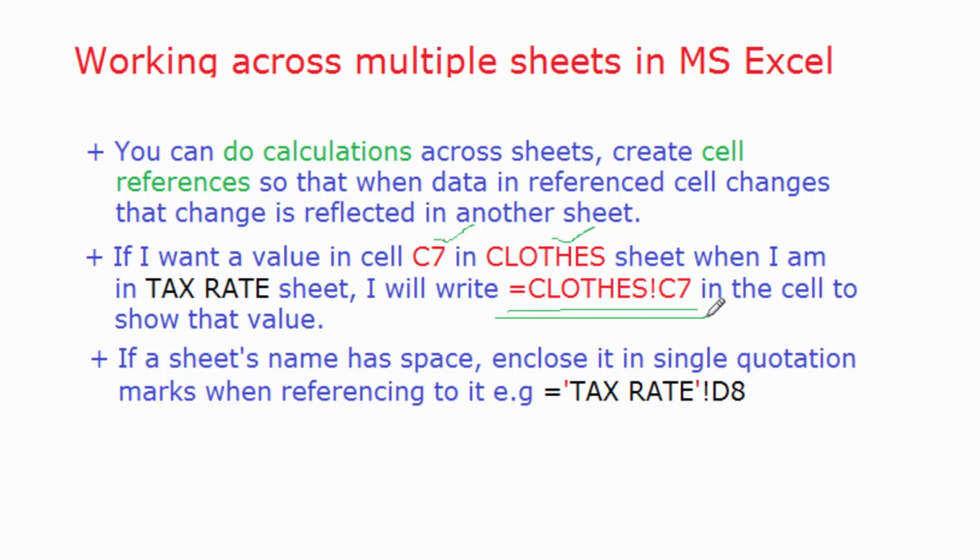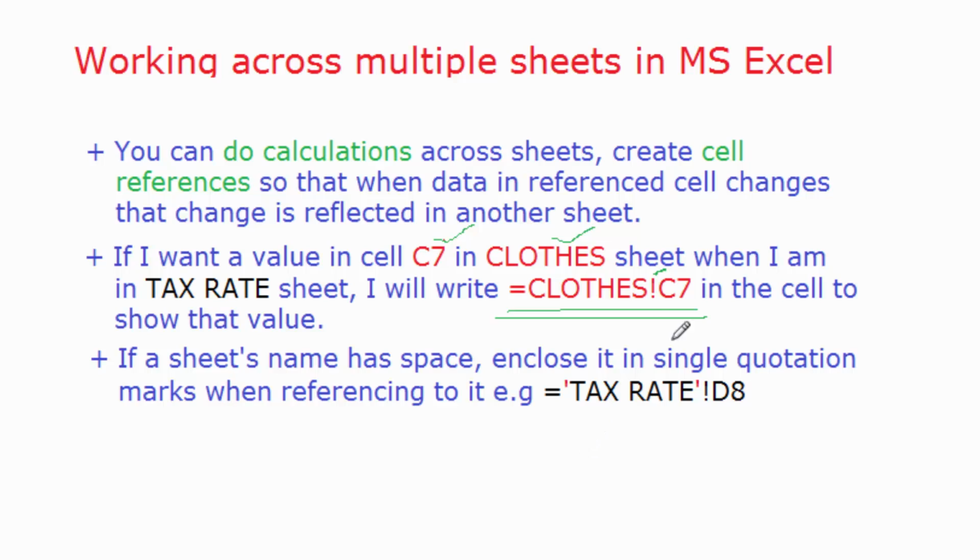reference. Put equal sign, then the name of the sheet where that value is, then you put exclamation mark, then the cell reference which contains that value in the clothes sheet.